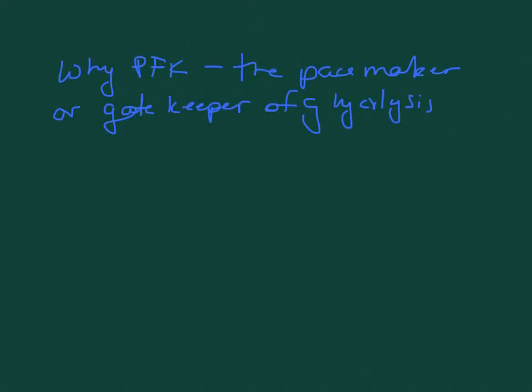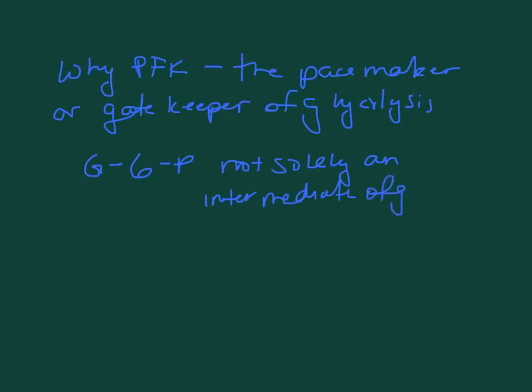And the reason is because, as I said before, glucose 6-phosphate is not solely an intermediate of glycolysis. Glucose 6-phosphate can be used to make glycogen. So because glucose 6-phosphate has other fates, it's not the committed step.